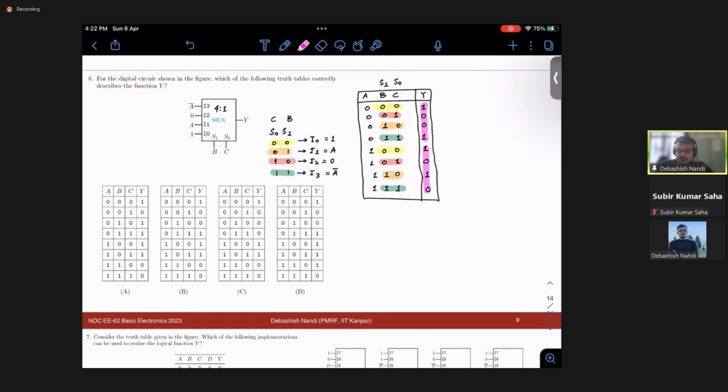So it should be, just let me cross check with the answer. Your 1 1 0 0. B is 1, C is 0. Just let me once cross check.